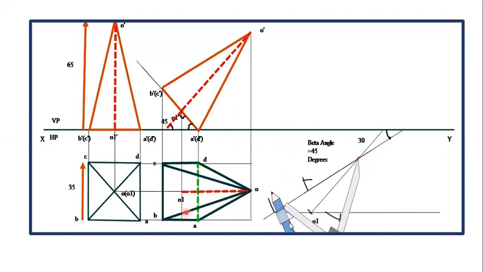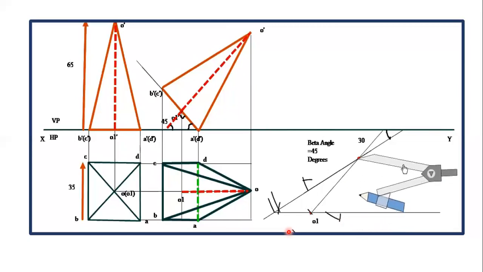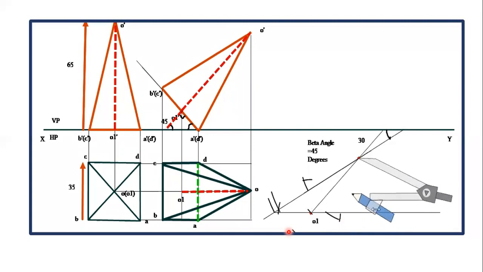That will be the same as O to B. Okay, then measure from O1 to C. With O1 as the center, cut an arc in order to get the points C and B. And on the other side, O1 to B. So you have to locate the points A, B, C and D.